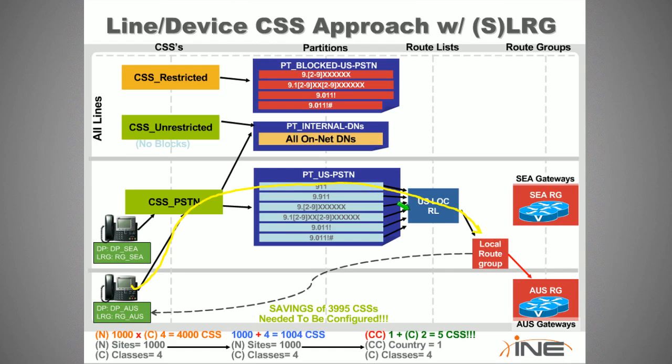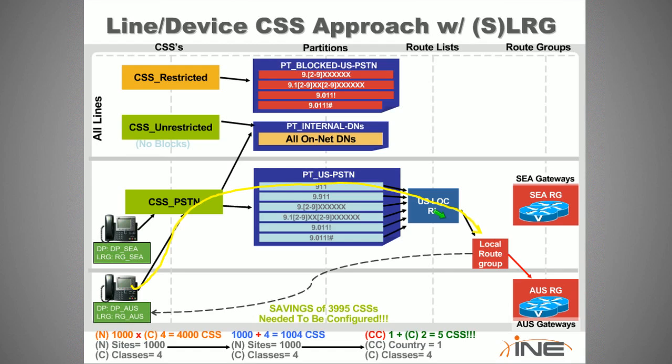Instead of 6,000 patterns, I have 6 patterns. Instead of 1,000 route lists, I have 1 route list. The one thing I still do have to have is at least one route group for each site. So if I have 1,000 sites, I still have 1,000 route groups. And those route groups I place inside the device pool.